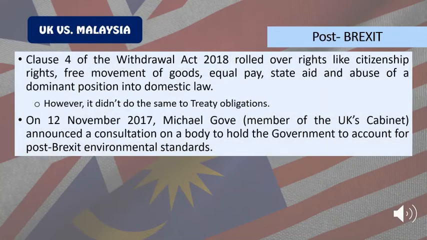So post-Brexit, Clause 4 of the Withdrawal Act 2018 ruled over rights like citizenship rights, free movement of goods, etc. However, it didn't do the same to treaty obligations. So on 12 December 2017, before Brexit, Michael Gove, member of the UK's cabinet, announced a consultation on a body to hold the government to account for post-Brexit environmental standards.